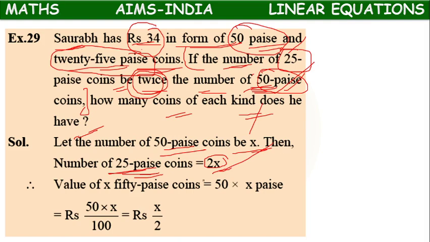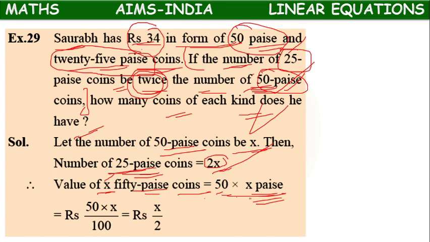Next, the value of 50 paise coins. We have taken the number of coins as x. So what will be its value? x coins into the value 50 paise, or 50 into x paise. This is the value of the 50 paise coins.